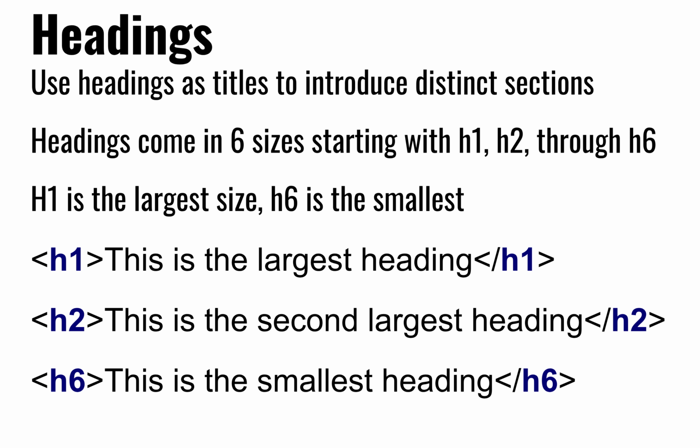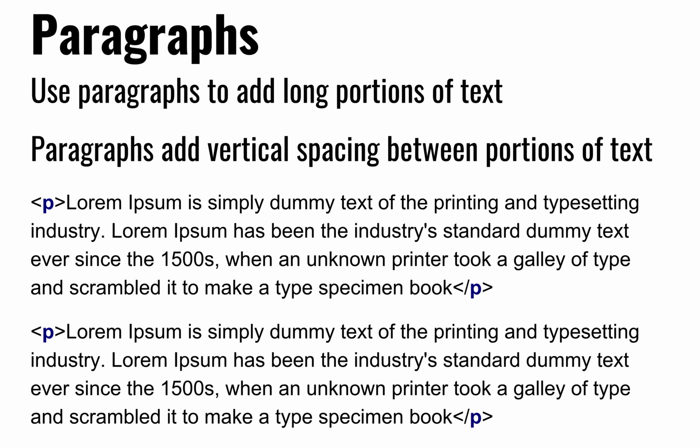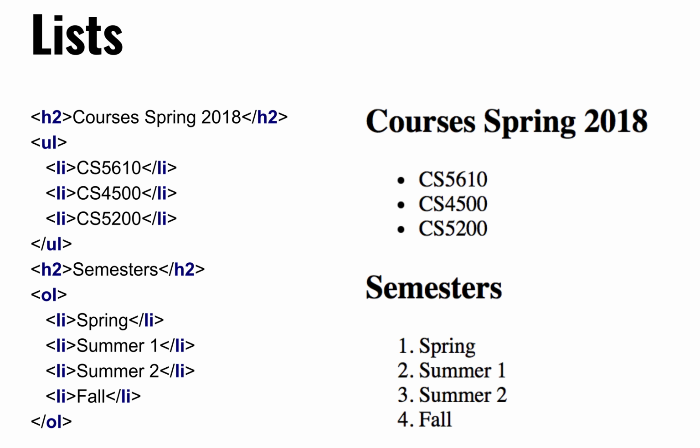So let's go through a couple of really simple HTML elements. The headings are for creating different sizes of headings, typically for introducing new sections in a document. Paragraphs are for displaying long form content, and for adding vertical spacing, which typically you wouldn't have otherwise. Then you have lists for listing all sorts of content.